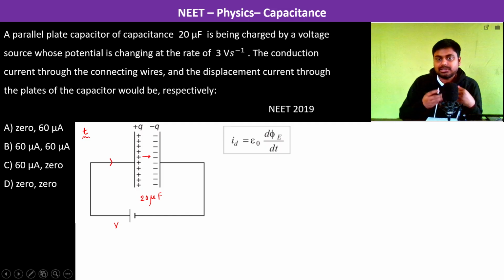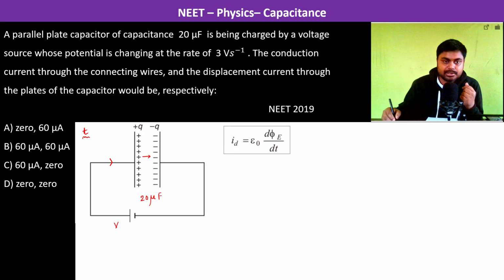Now let us take the time t plus dt, okay. At time t first of all, what is the charge which is stored here? The charge stored here is C into V. So therefore 20 microfarads into V, this is the charge.